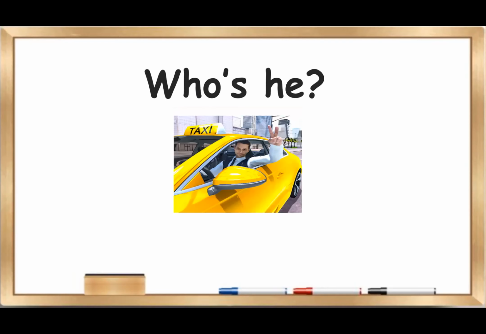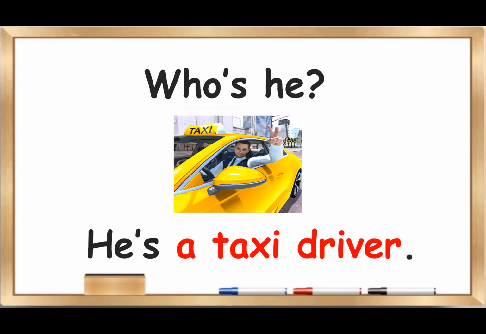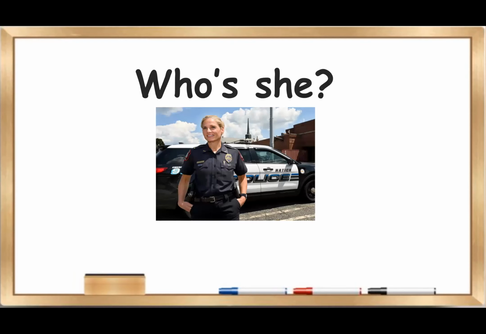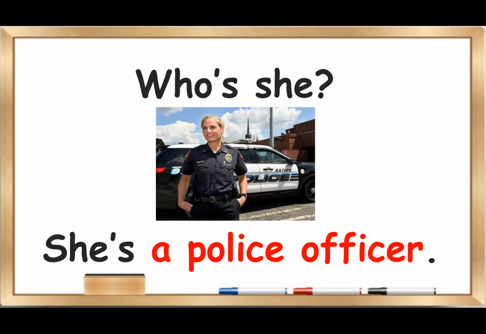Who's he? For this picture, who's he? And the answer, he is a taxi driver. Another picture, and this one is she also. So our question is, who's she? And the answer is, she's a police officer.